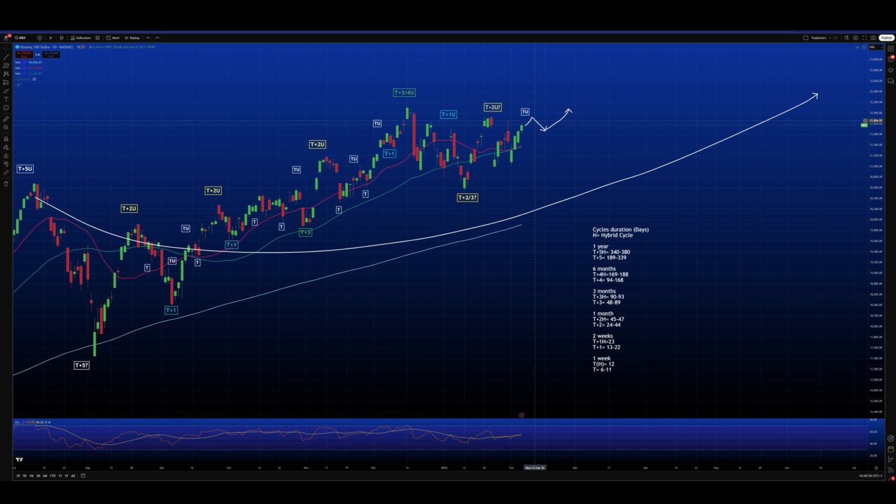And if we get more, then the first target will be moving average 21 and 50. If this retracement lasts just 1 or 2 days and then the price returns back to the top, this is the target at $22,133.